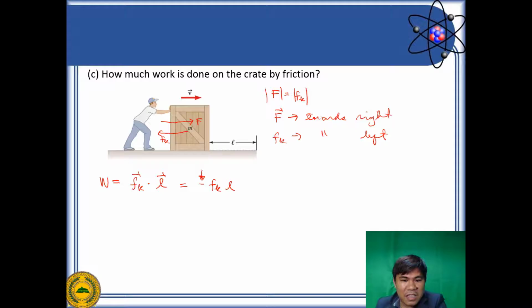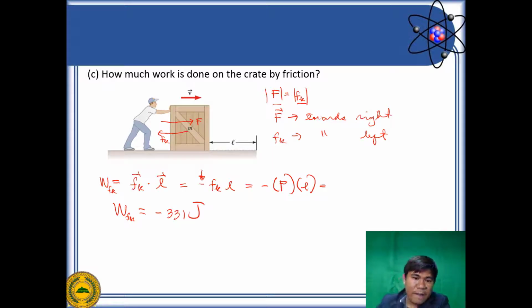So that's why you have minus Fk times L. Now, this amount is equal to minus F, since we know that the magnitude of F and the magnitude of Fk are the same by virtue of our previous example, times L. So if you calculate the work done by kinetic friction, this is just equal to negative 331 joules.